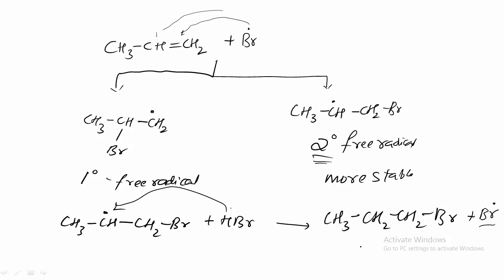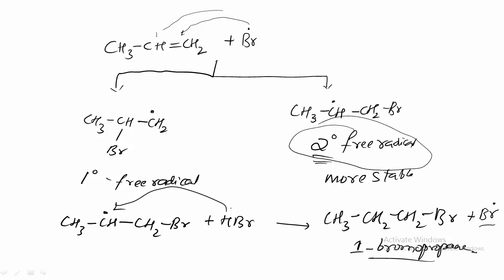So thus which product is obtained here? 1-bromopropane. So therefore the major product formed will be 1-bromopropane. It is because of formation of more stable secondary free radical. Due to that, the major product will be 1-bromopropane. And in the case of Markovnikov rule, what happens there?